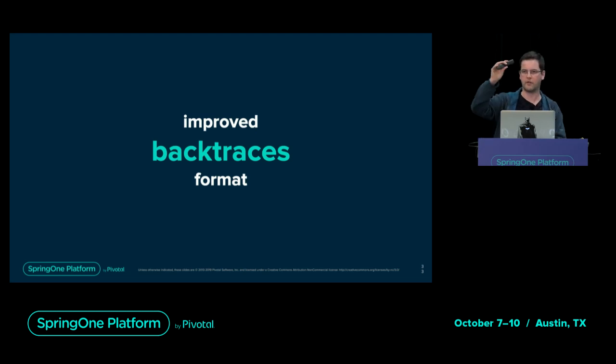So we kind of invert the presentation of the stack trace so that you can read it more naturally, like you're accustomed to. And of course, there is a message that says, okay, this stack trace has been moved around artificially.